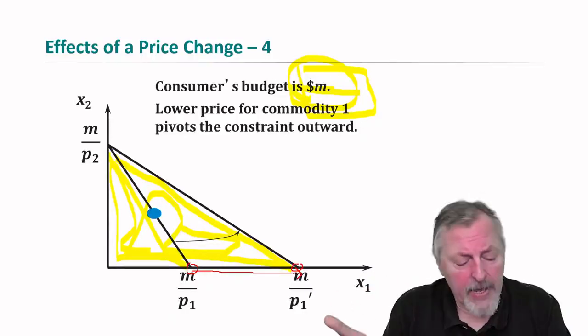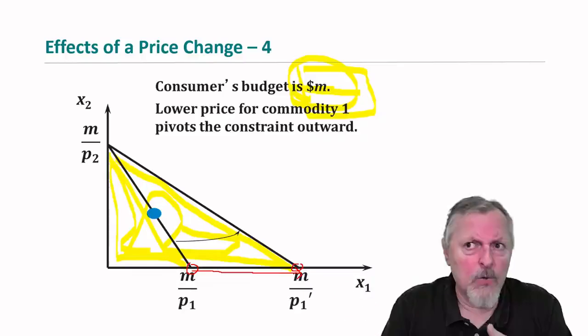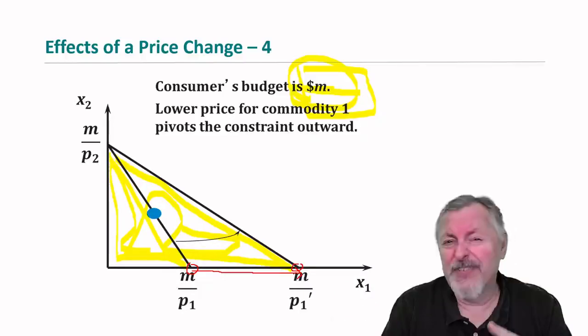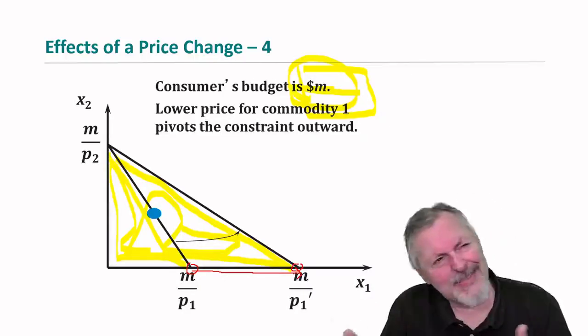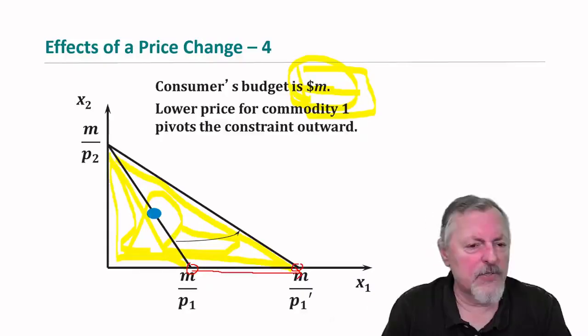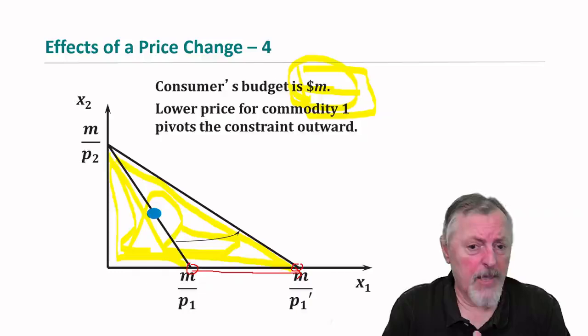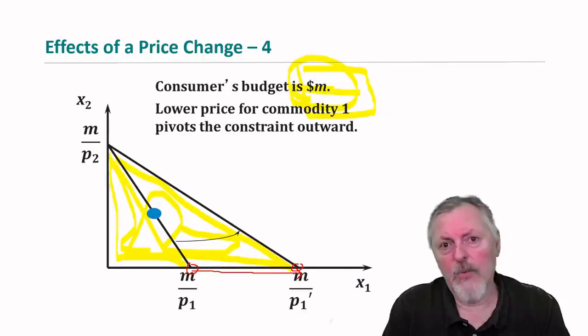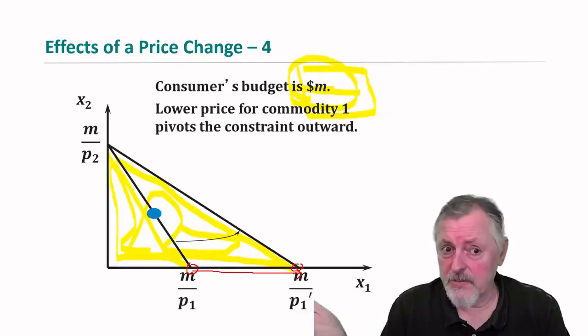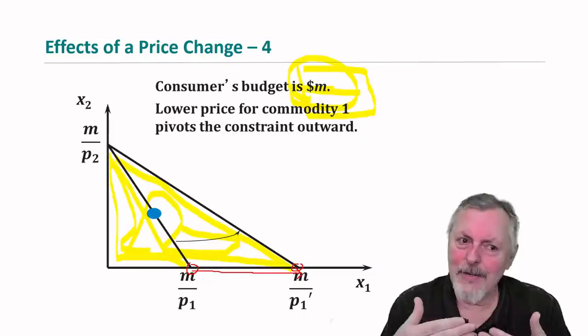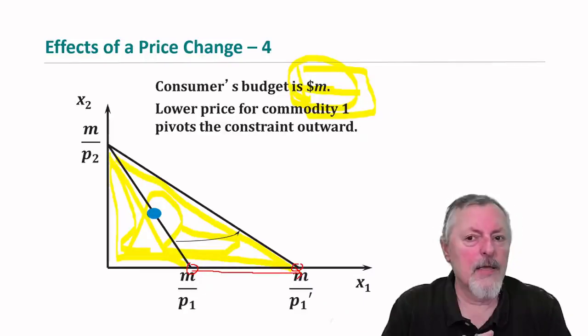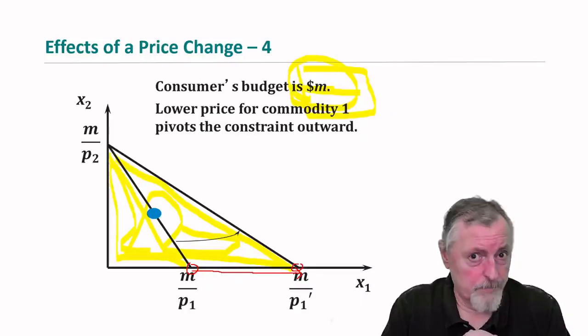So on the one hand, your income is the number of dollars you have. But you can also think of it as how many choices you have. And when the price goes down, you have more choices. So it's kind of like your income went up.